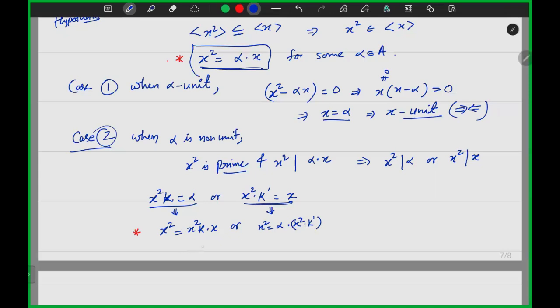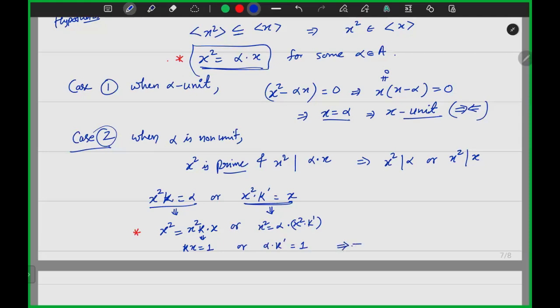Now from here, is there some logical error or not? If we take it on the other side, it will imply that kx minus 1 is equal to 0, since x square is not 0. Therefore, x is a unit, and even for this one, alpha into k dash will be equal to 1. So alpha is also a unit.